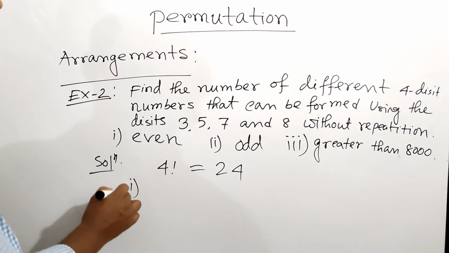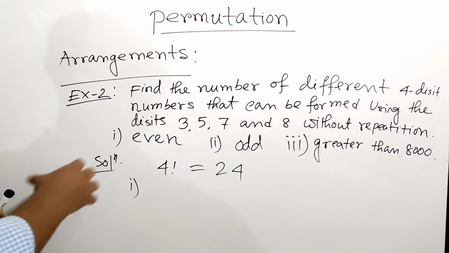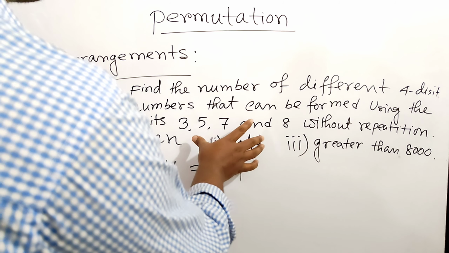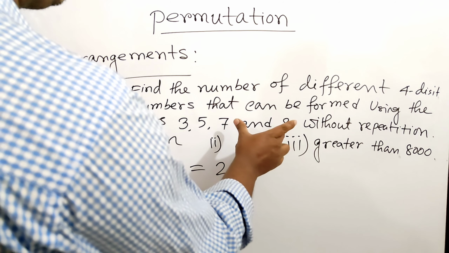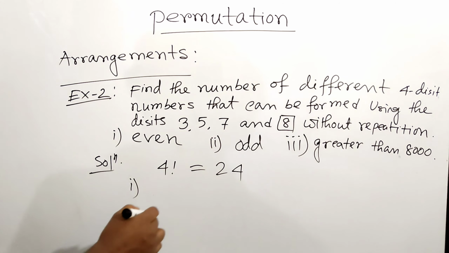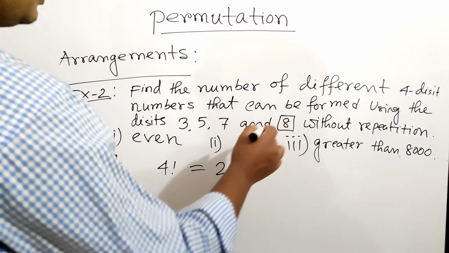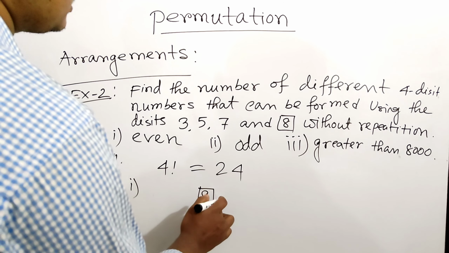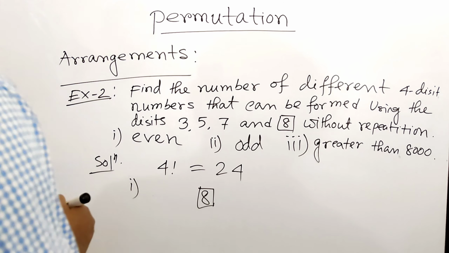So in number 1, the condition is even number. First look at how many even numbers are in these 4 digits. Here there is only one even digit, that is 8. So you must keep this even digit, 8, at the end of this 4-digit number, otherwise it cannot be even.